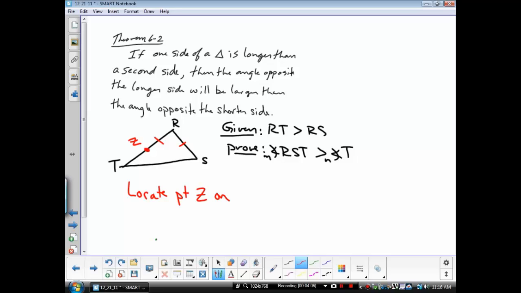The next proof we do will be an indirect one. This one is a direct one. So we're going to locate point Z on segment RT so that RZ equals RS.